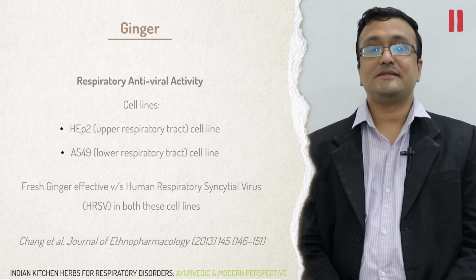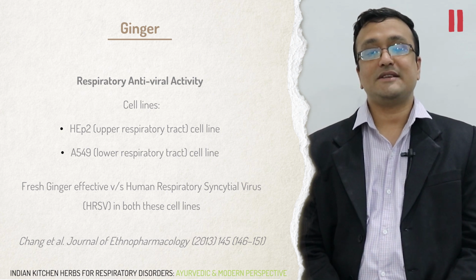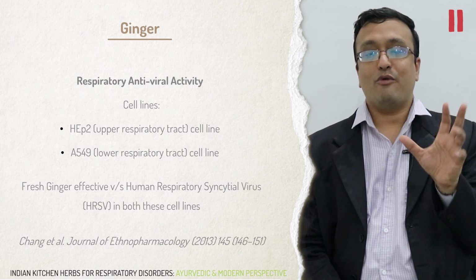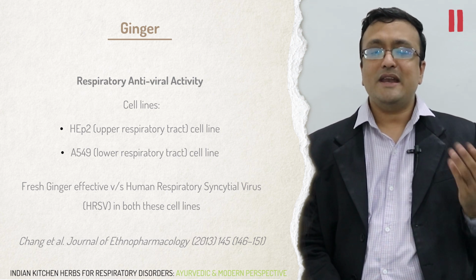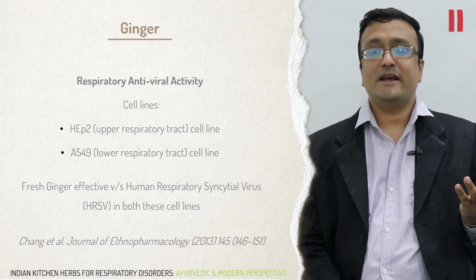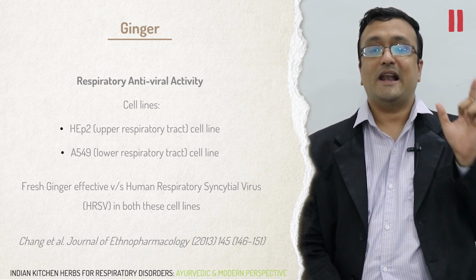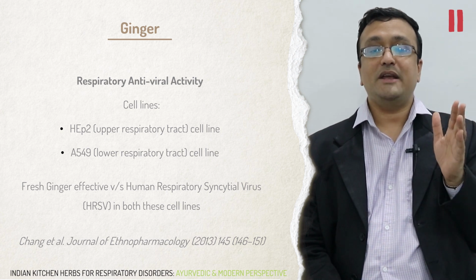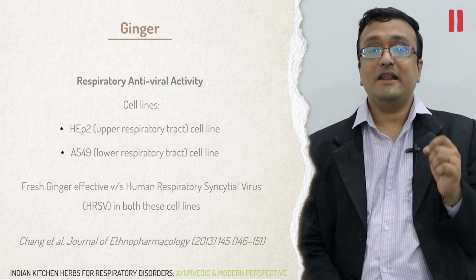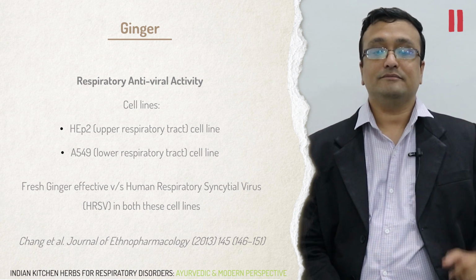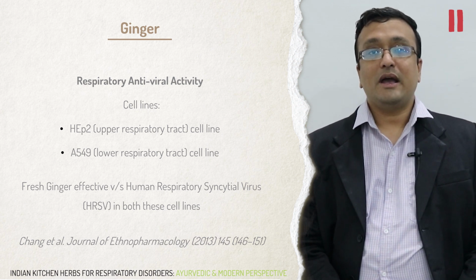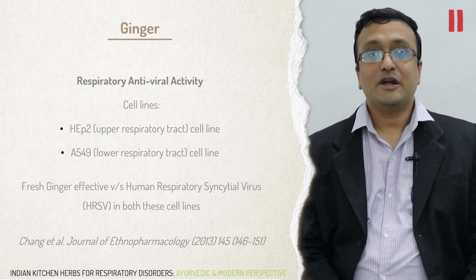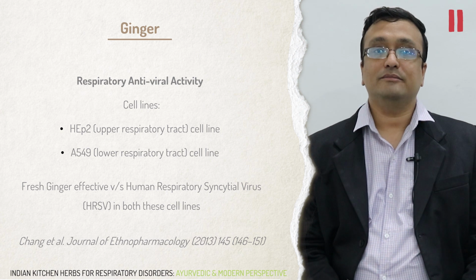Cell lines are the cells of the organs of the human body itself, which are grown outside the human body in a controlled environment. The effect of any medicine against any disease is first checked on these cell lines so as to know how effective the medicine would be if the disease occurred in the actual human body. Now, as far as the human respiratory tract is concerned, two cell lines are available.